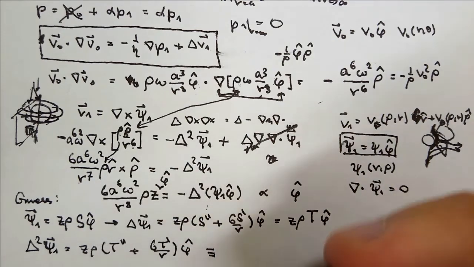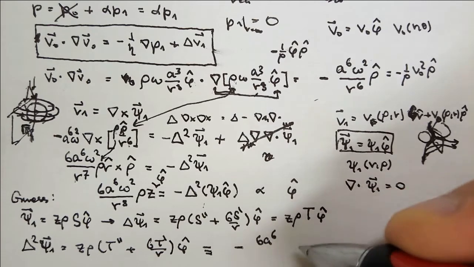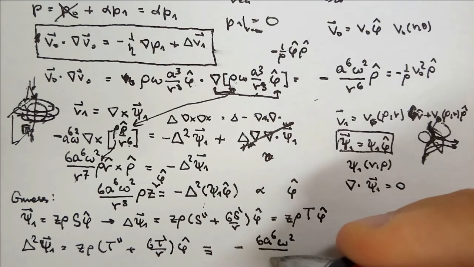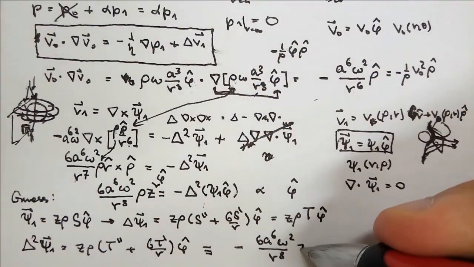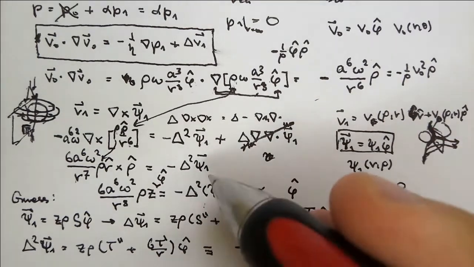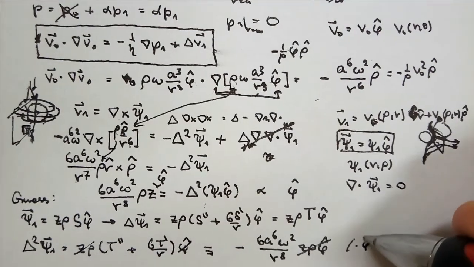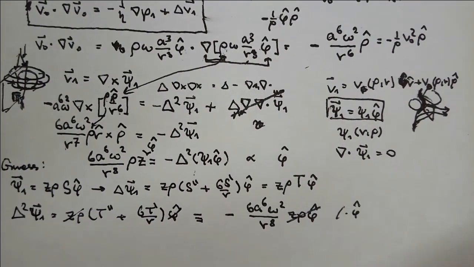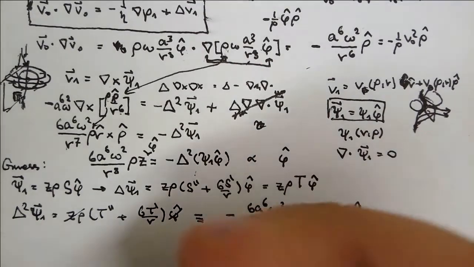So it's minus 6a to the 6th power omega squared over r to the 8th power times z times 0 times phi hat from this. This cancels, or you can multiply it with phi hat to get this equation. t double prime plus 6t prime over r is this. This is only an equation for r, and this is a non-homogeneous Euler equation with the right hand side.